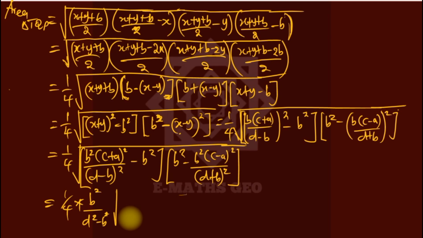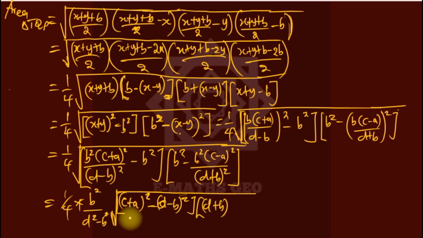So we now have the square root of, we are left with (c + a) all squared minus (d − b) all squared for the first bracket. For the second bracket, we now have (d + b) all squared minus (c − a) all squared. Also, I factored b squared out, so that's why it's now d squared minus b squared.